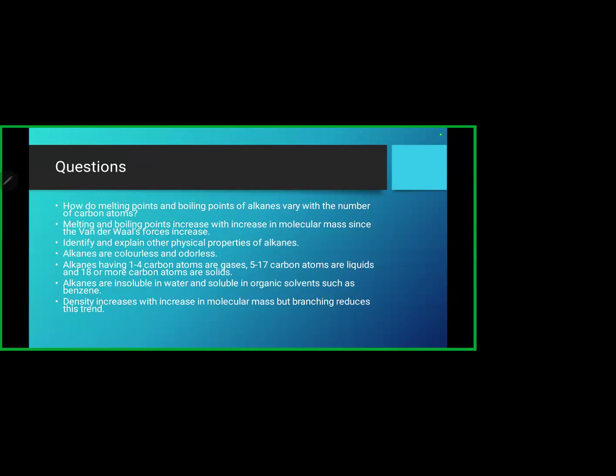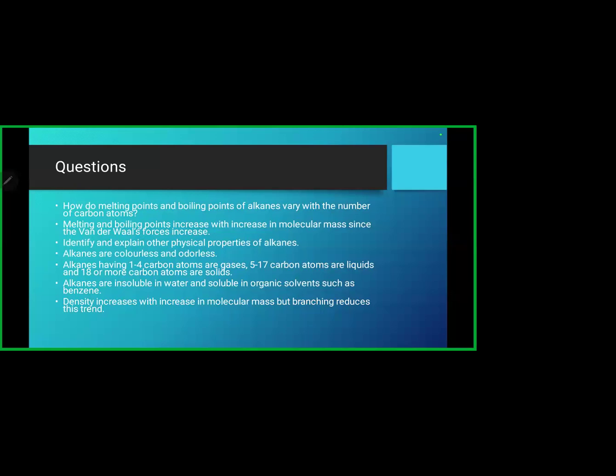Because those are just prefixes, but give us the full names of those alkanes. Madam, can I give it? Yes, please.